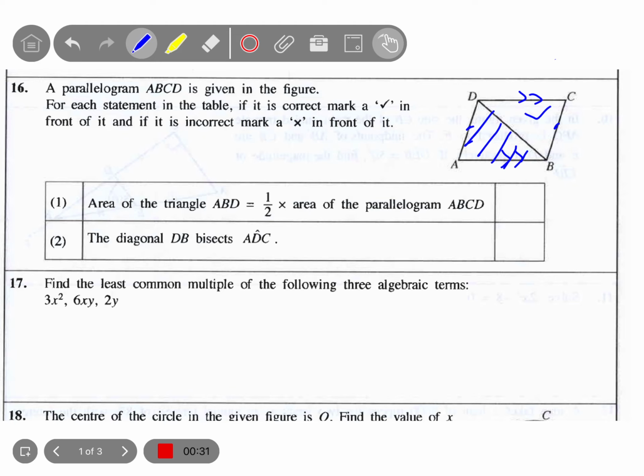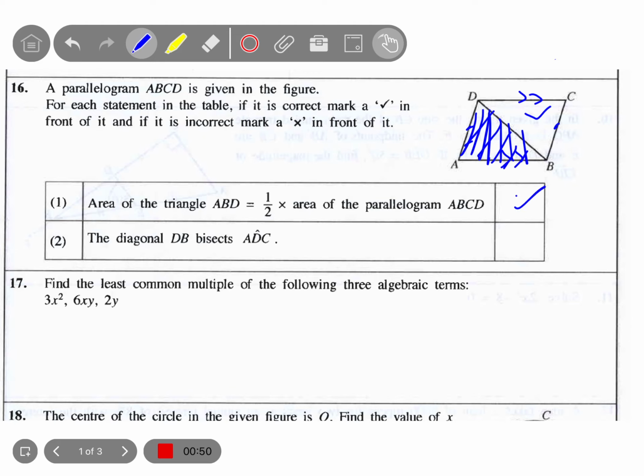Congruent means they are equivalent in some sense. So basically the entire parallelogram is twice the area of this. That's exactly what the first statement states: area of the triangle ABD equals half of the area of the parallelogram. So that is a correct statement.